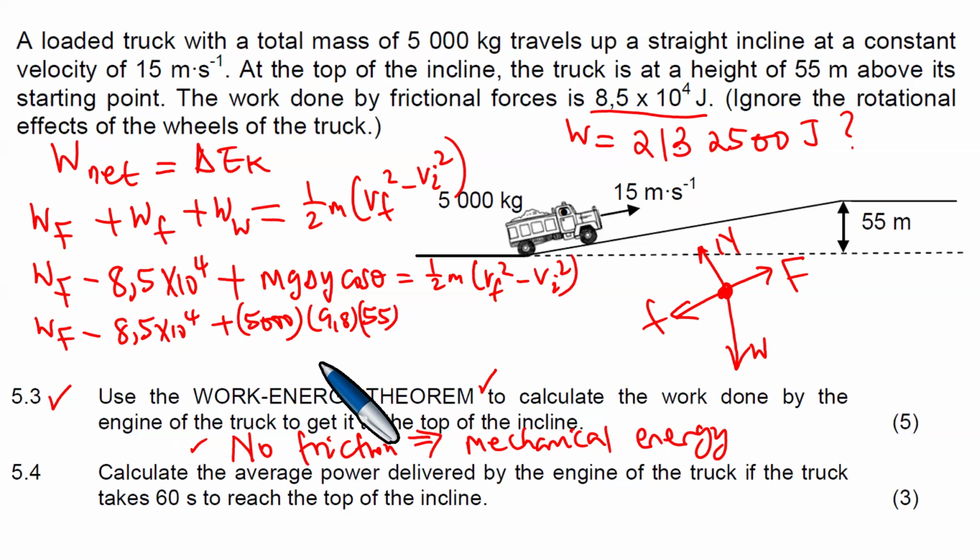Right, so you continue. So the mass is 5,000 kilograms, the G is 9,8, and the delta Y, the height here, is exactly 55 meters. Now you have something else.